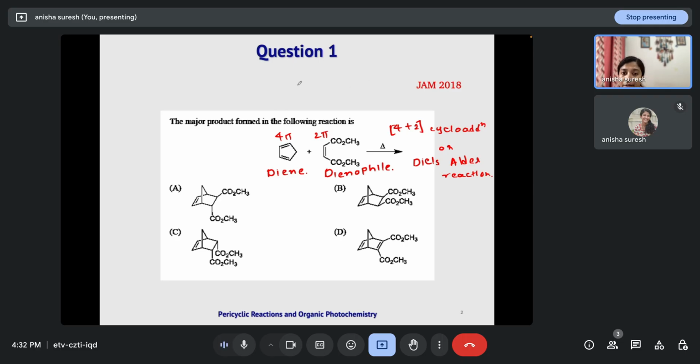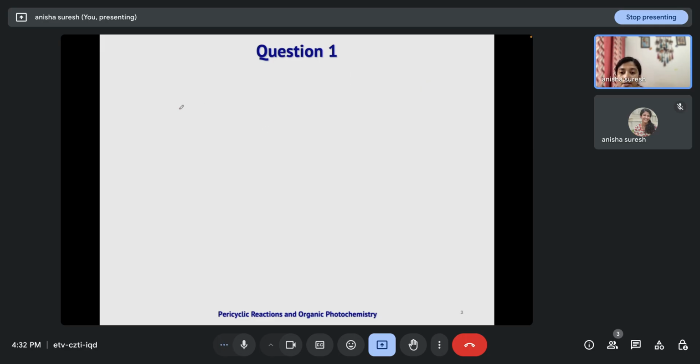And the important factor that we have to consider here is the endo rule of Diels-Alder reaction. So what will be the mechanism that is taking place here? So here this is our starting material. According to endo rule, for favoring the secondary orbital interaction, this dienophile will be approaching from below the plane of the diene.